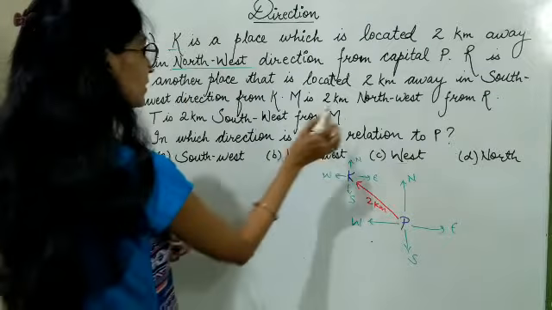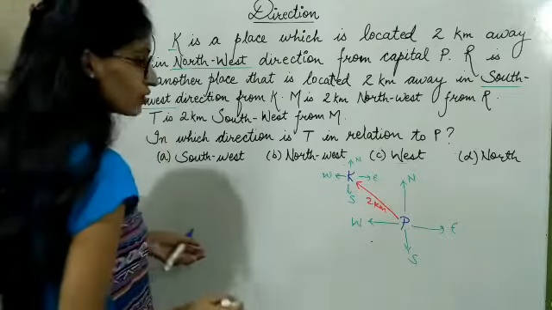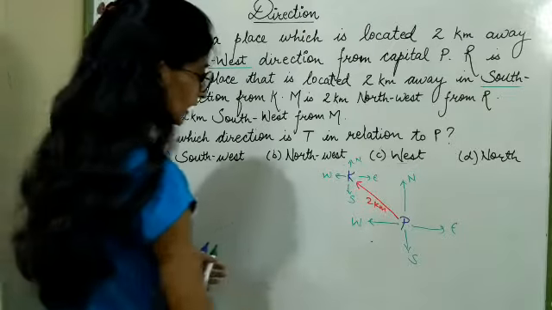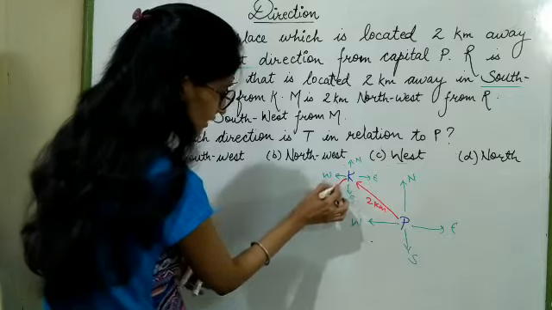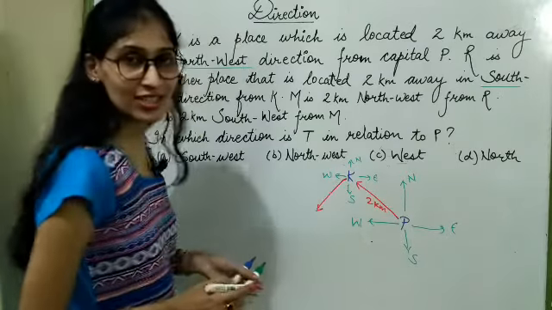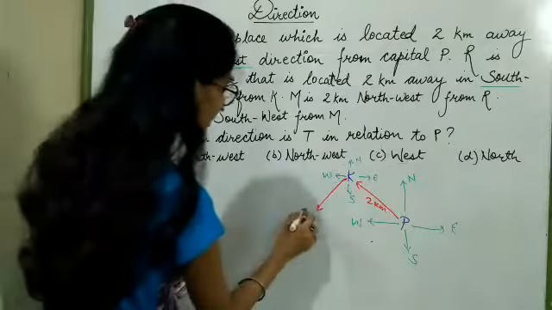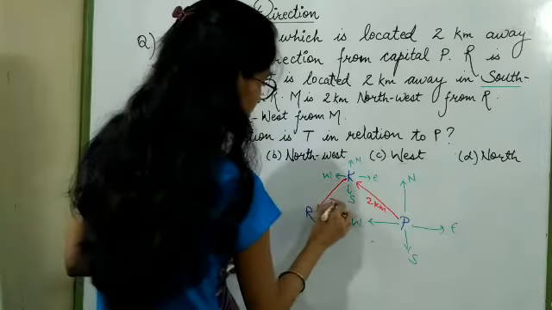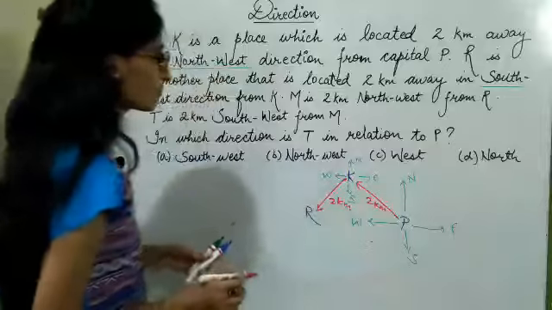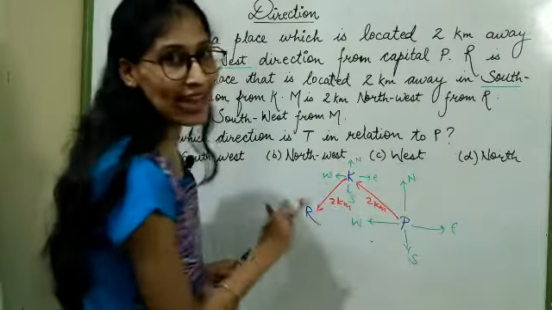So R is located in southwest direction with respect to K, southwest direction, south and west. This will be my southwest direction and this is the position of my point R. And this is also 2 kilometers away. So we are done with positioning P, K and R.